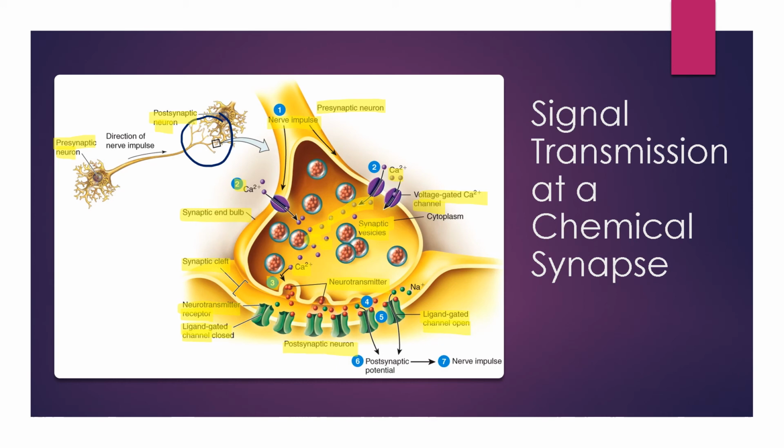For example, here we can see sodium is coming in through these ligand-gated channels when the neurotransmitters bind to the receptors. So as those ions flow through the open channels, the voltage across the membrane changes. This is going to be the voltage across the postsynaptic neuron membrane.